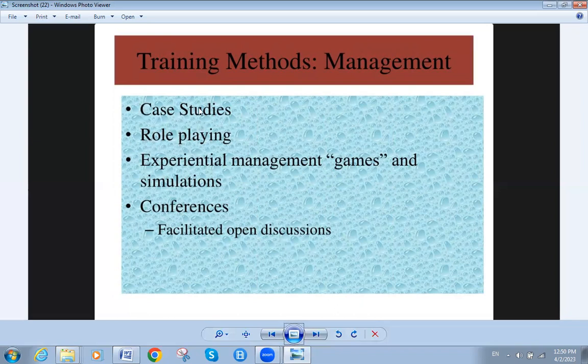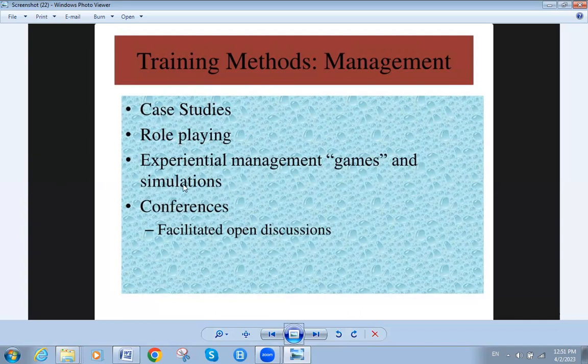Case studies: I show you an issue and you check its drawbacks. You compare these drawbacks with what you came to learn, the standardized situation. Then you look for the deviations, and then you apply a remedy or make recommendations for solving the problem.